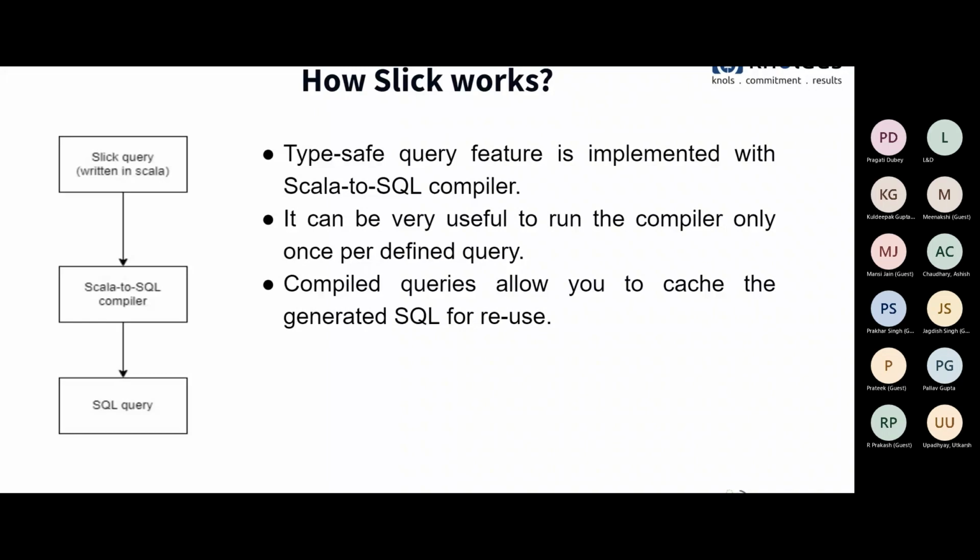So we don't need to worry about what types will be returned; Slick automatically manages all of those things. We can also avoid recompiling by using compiled queries. They will run directly, and won't get compiled every time we hit a query.